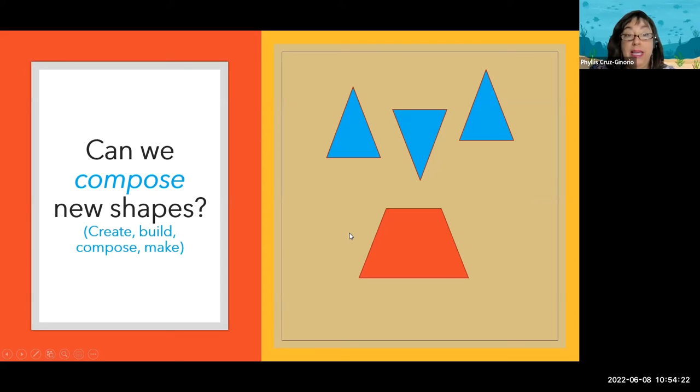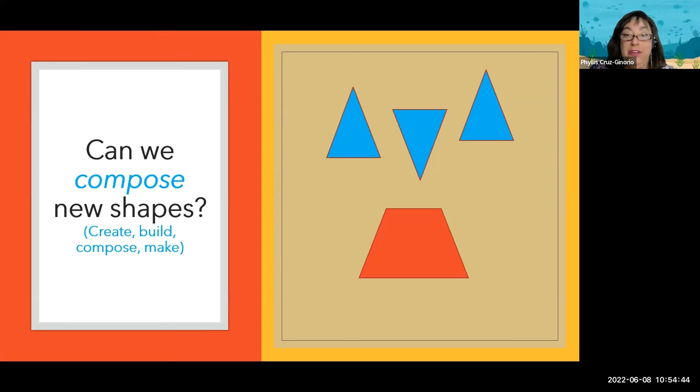Look at my 3 blue triangles. Do you think I can move them around, fit them together, and make a new shape? We can create, build, or compose, you can call it composing, new shapes.